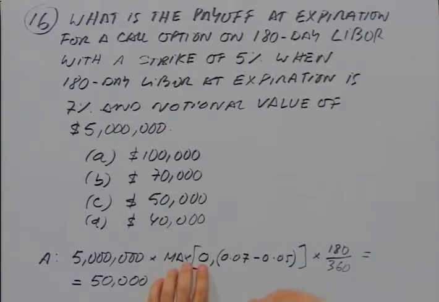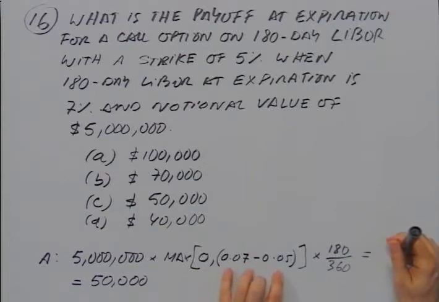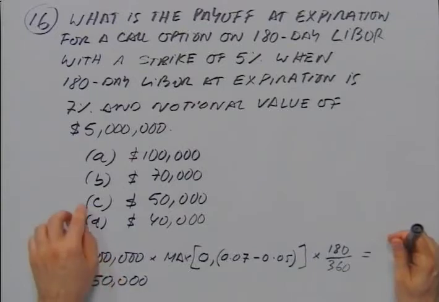To calculate the payoff, multiply the notional times the maximum of either 0 or the difference between the current LIBOR, which is 7%, and the strike LIBOR, which is 5%, adjusted by the time to expiration of 180 days divided by 360. If you do that, you get $50,000, or answer C.